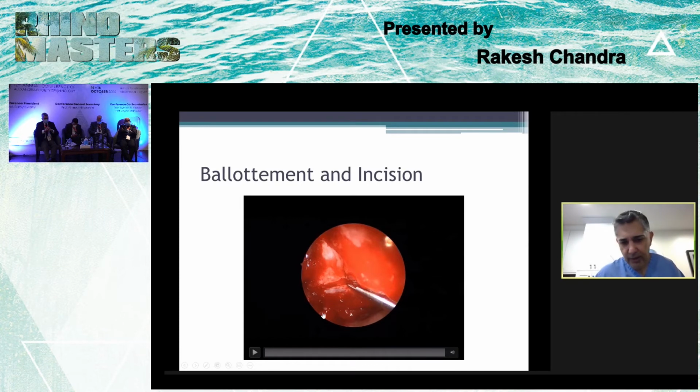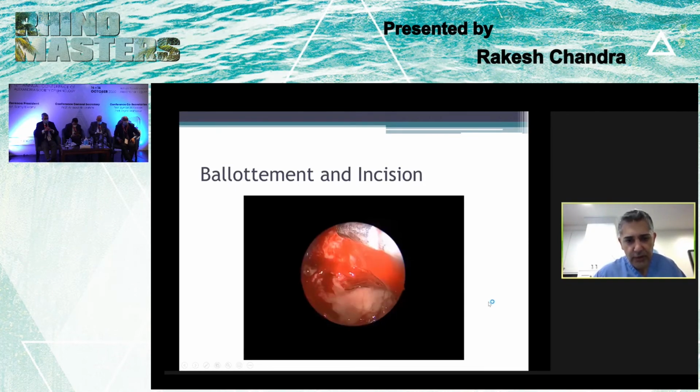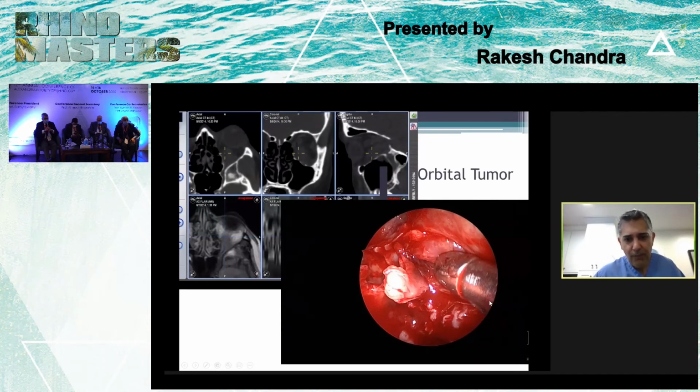through those areas. And as I stated before, in some of these severe Graves patients, or even in some of these patients with severe orbital cellulitis, the fat is under so much pressure that it just starts coming out even through the smallest part of the first incision. This is another orbital tumor case where we have essentially done the same thing.